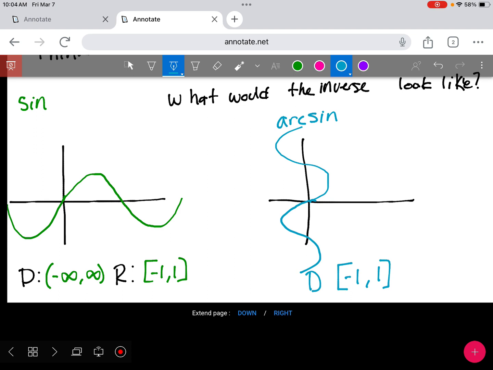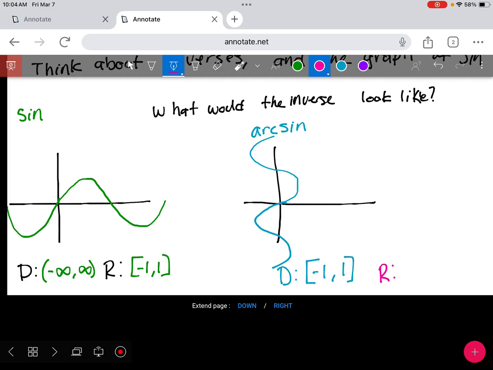Because we're looking from -1 to 1, now we're looking at which angles give us these answers. Our angles are going to be our answers here, so our range is coming from this. If we're looking at sine, the pieces that go from -1 to 1, my -1 is here, +1 is here.